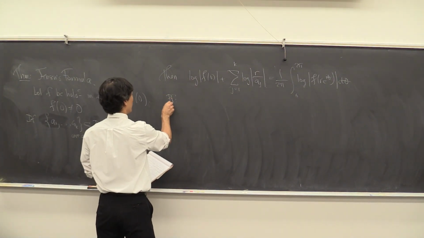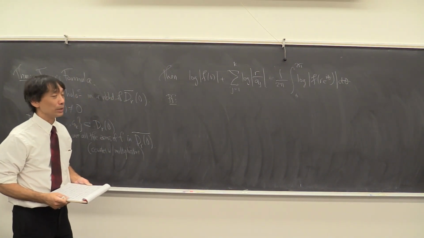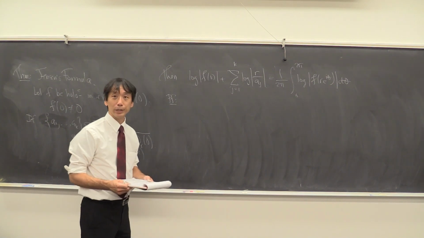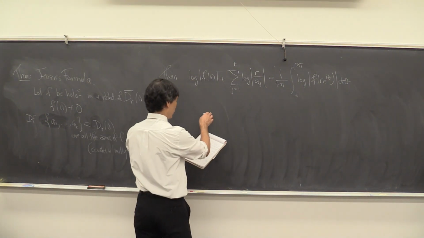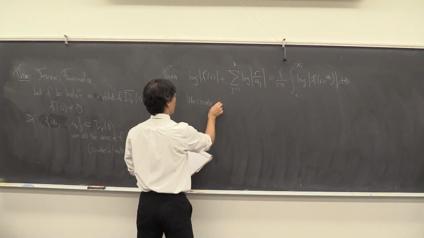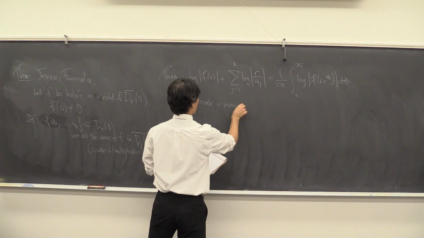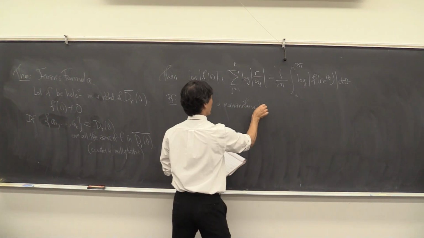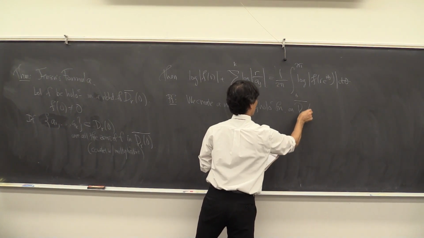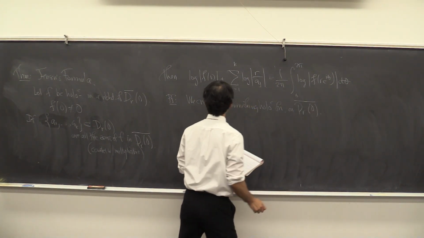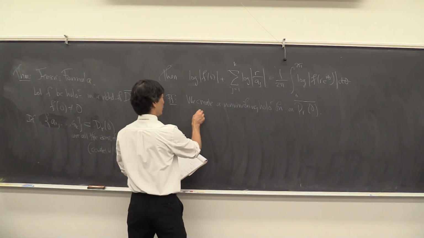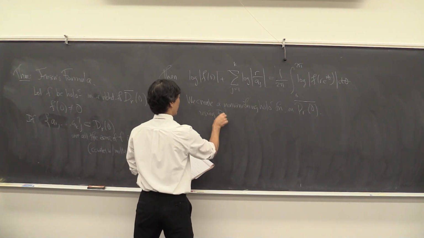Okay. So the proof is to use the Blaschke factors to create a non-vanishing holomorphic function on the closed disk.